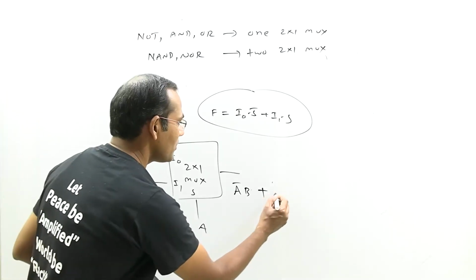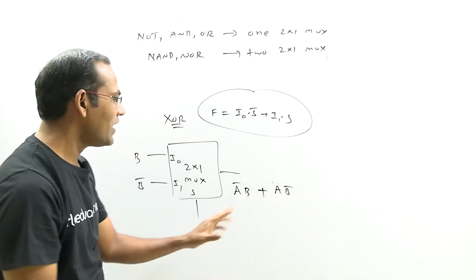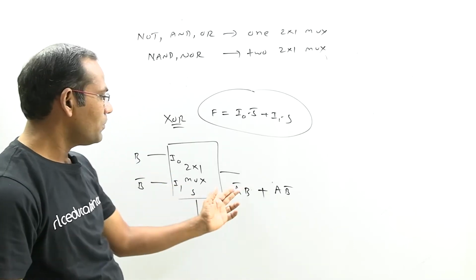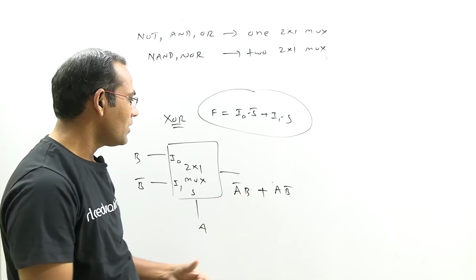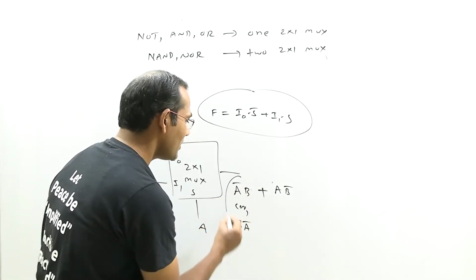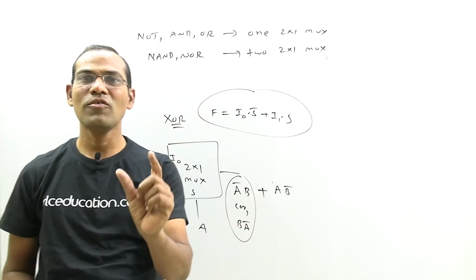You can write either BA bar or A bar B, it doesn't matter. It's a multiplication of two variables.